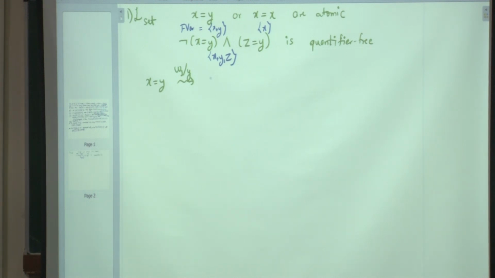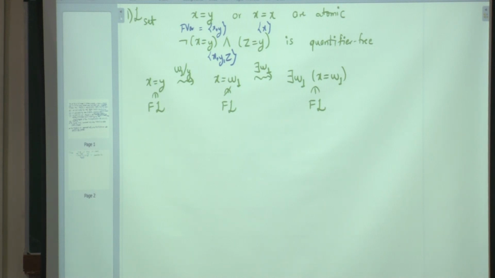Then what expression will I obtain? X equal to w1. This is not a formula, but I can write there exists after this. So now I am going to say there exists a w1 such that x is equal to w1. This one is a formula.